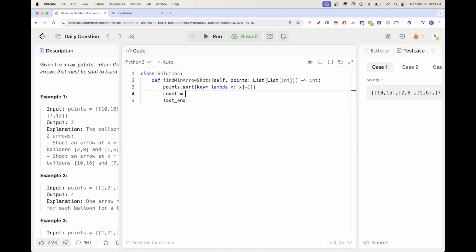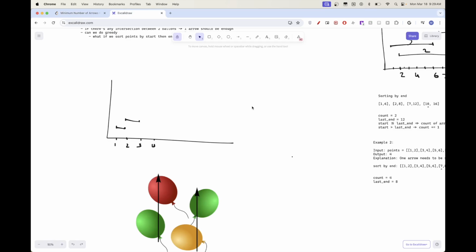Let's just initialize them with the first interval, because we know for the first interval there is nothing before, so there is nothing that it intersects with, and we do need to burst this first balloon. And so let's start with one arrow that goes at the ending position of the first point, which is index 1 here because this is the ending position, right? And then we can go through the rest of the balloons, points[1:], and then we check.